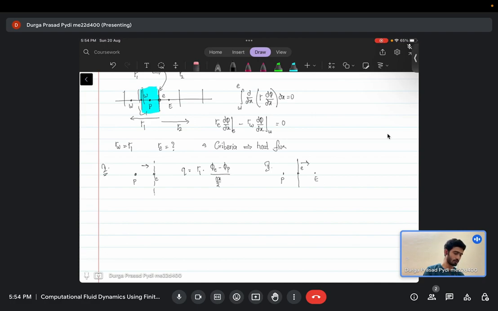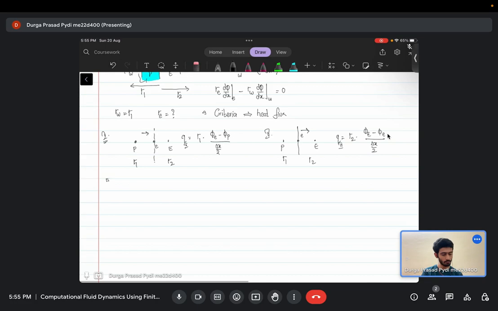So it's the same Q that has been flowing. So I can write the value of Q as gamma 2, this is in the second medium. So here you have gamma 1 and gamma 2. The second I can write as gamma 2 times phi capital E minus phi little e by delta x by 2. So this I am calling Q1, this I am calling Q2.